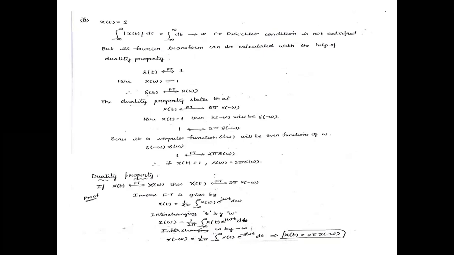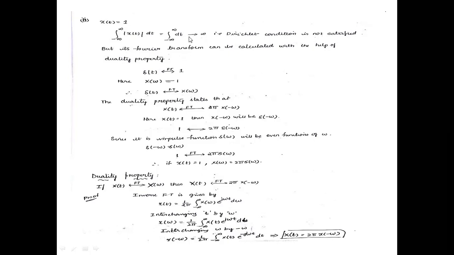You see the Fourier transformation of 1. I already told you the magnitude of x of t, the integral from minus infinity to infinity of dt, tends to infinity. That condition is not satisfied, but its Fourier transformation can be calculated with the help of the duality property.